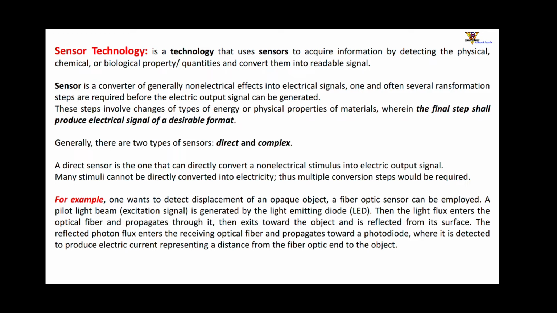What is a photodiode? Actually, when light falls on a photodiode, it produces some electrical current that represents the distance from the fiber optic to the object. So in this way, we can measure the displacement of an opaque object.